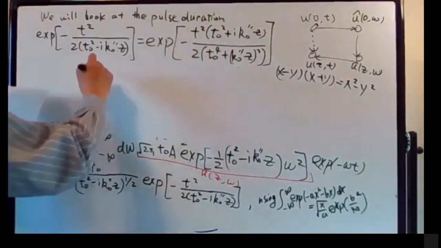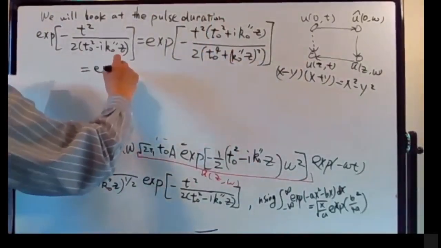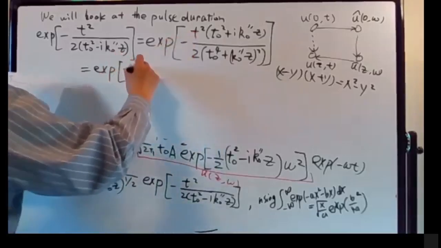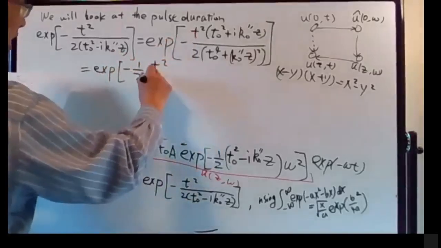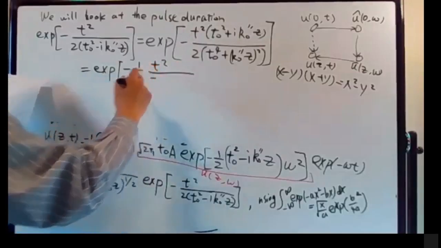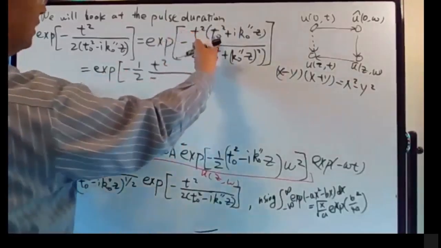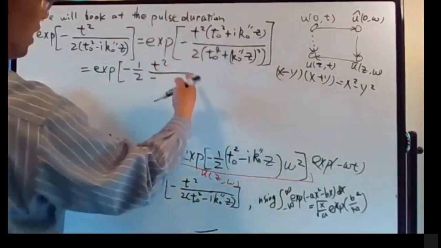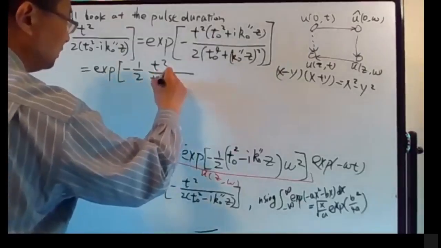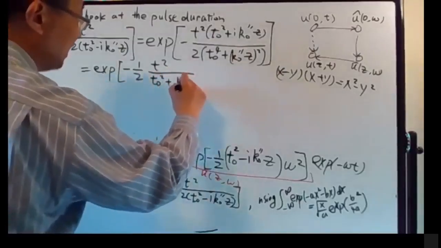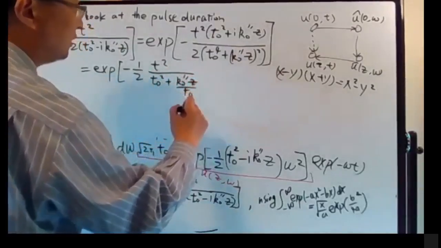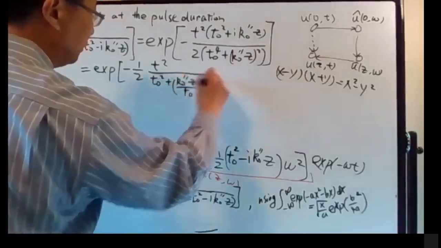So this becomes the exponential. It's negative half t squared for the real part, and for the real part it's t naught squared. Let's move down to the denominator: t naught squared plus k naught double prime z over t naught squared.